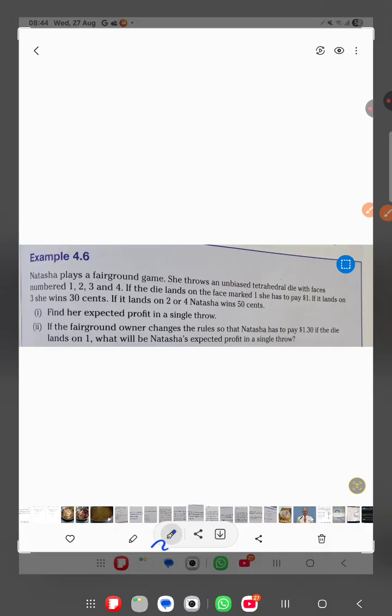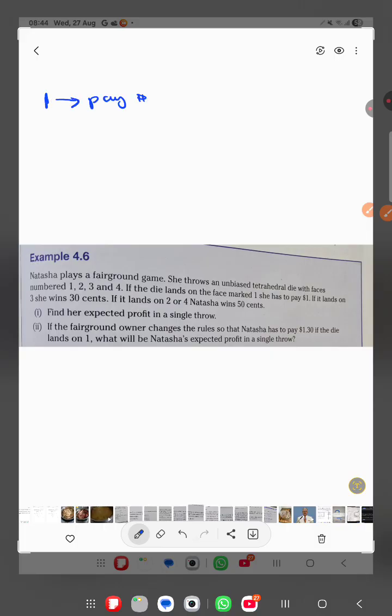There's a lot of information to process here. So it's just so important, young people, that you write this out in a way that makes sense. So the tetrahedral die has 1, 2, 3, and 4. If it lands on 1, she pays $1.